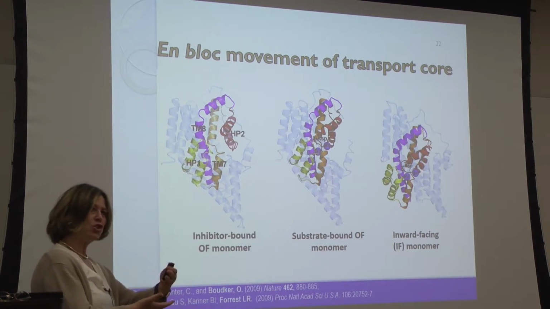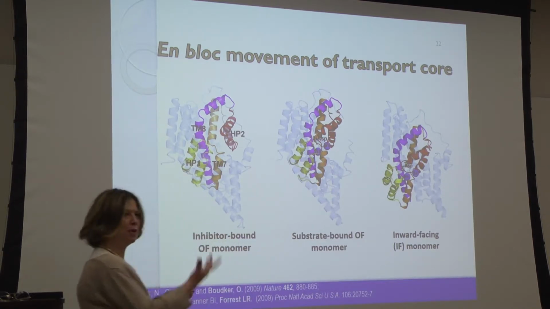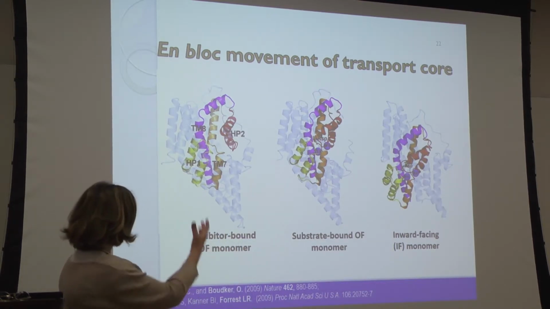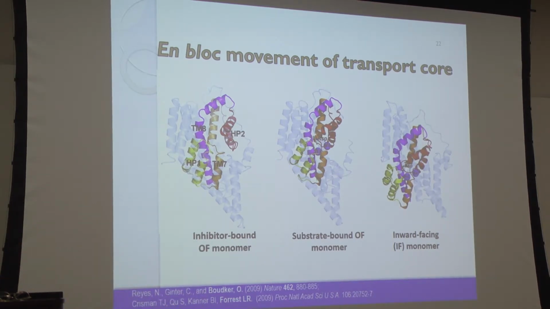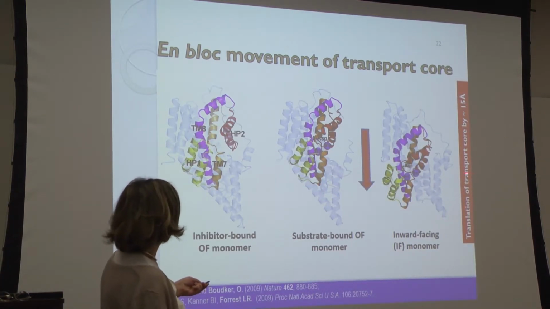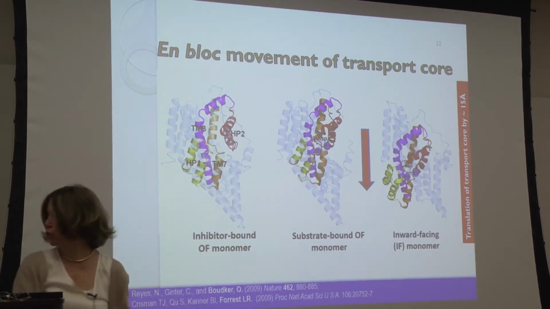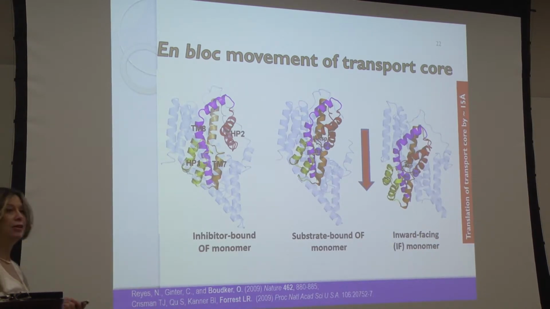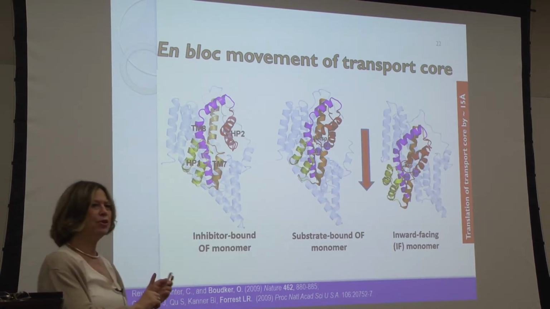When it transitions into an inward facing state, that region goes all the way. You remember that was the transport core. It goes all the way toward the cytoplasmic region. So here, that's a schematic representation. You have a translation of this core by about 15 angstrom, which is really something very extraordinary to my view.